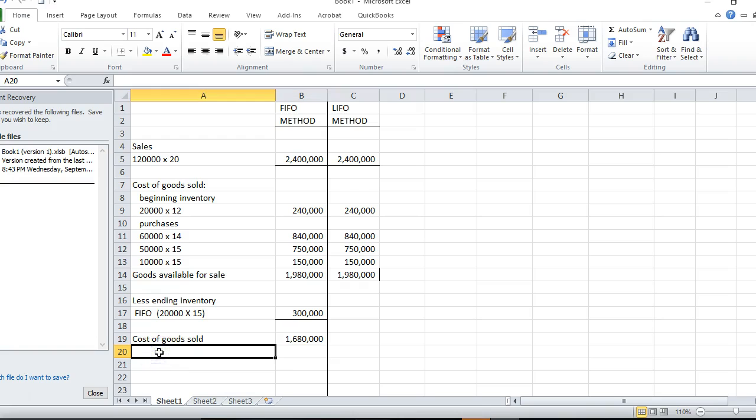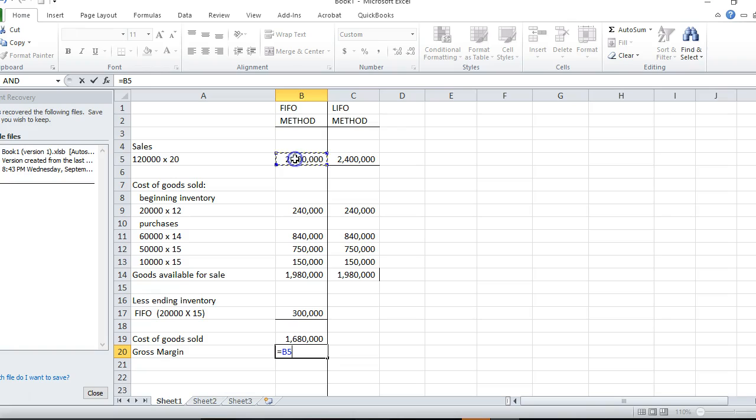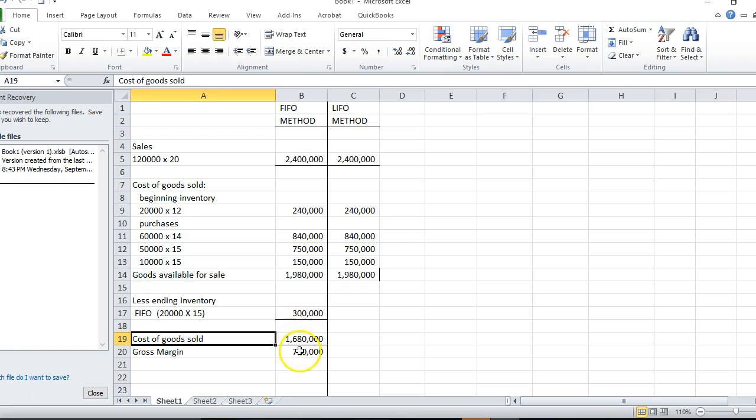Our gross margin is our sales minus our cost of goods sold, or 720,000, right? Sales minus our cost of goods sold gives us our gross margin. Okay? That makes sense? Yep.